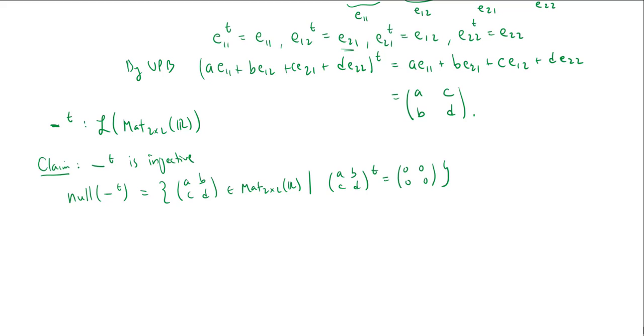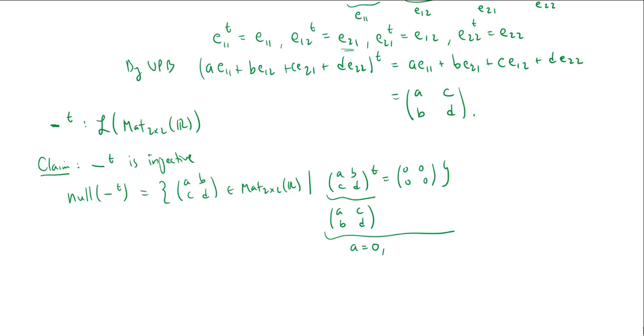Oh, but what is the transpose? The transpose is A, C, B, D. So we just want to find all the matrices such that this is equal to 0, 0, 0, 0. But of course, for this to hold, you need all of the components to be the same.